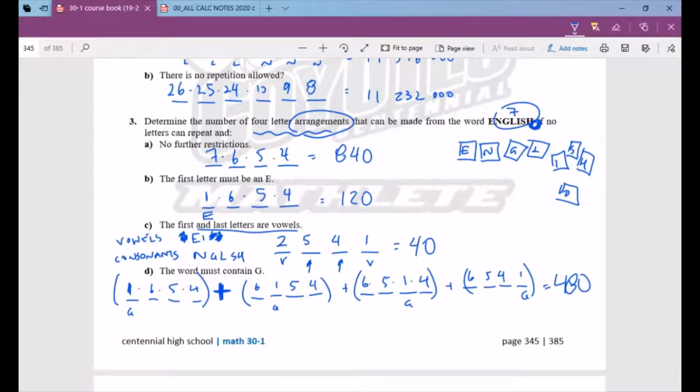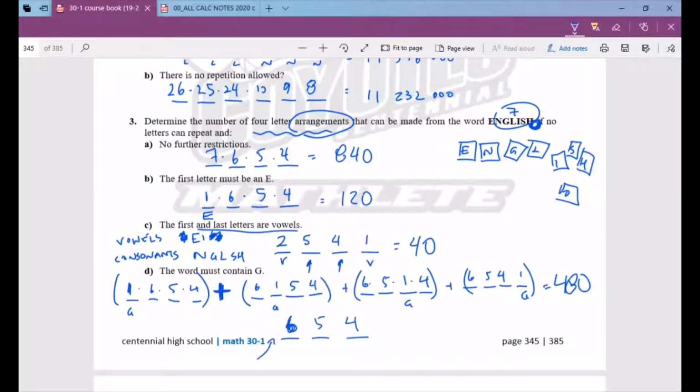But there's more than one way of doing this. We could have looked at it like this. Let's just place my non-G letters. And we have 6, 5, and 4 for all of those letters that aren't G. And if we put those down in that kind of order, now, where could we place our G?